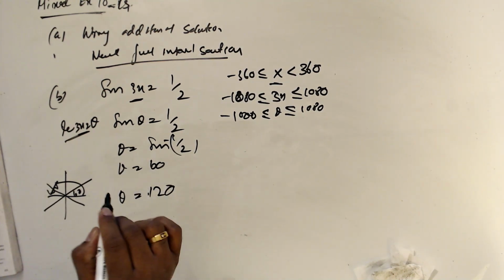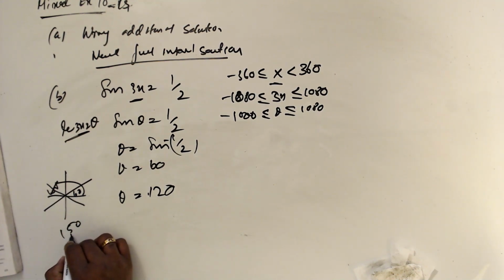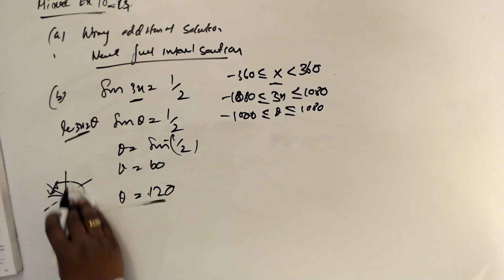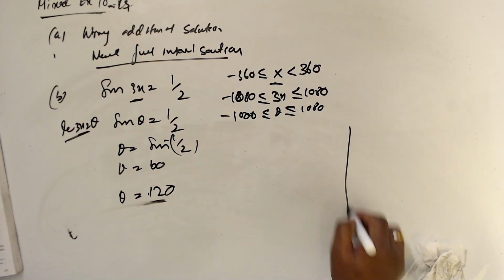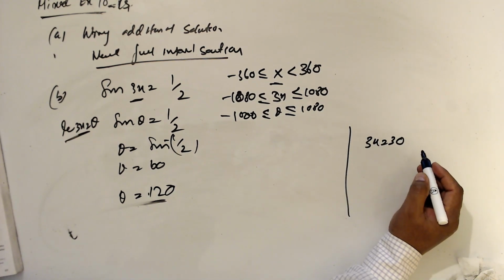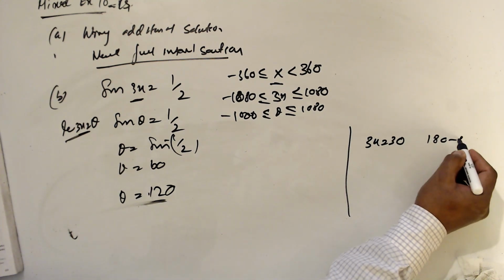No, I'm wrong actually. This is 60, this is 60, this is 120, not 150. For the first explanation in my sum, 180 minus 60 is 120. So instead of that, I explained 3x equals 30, and then the other answer is 180 minus 30.